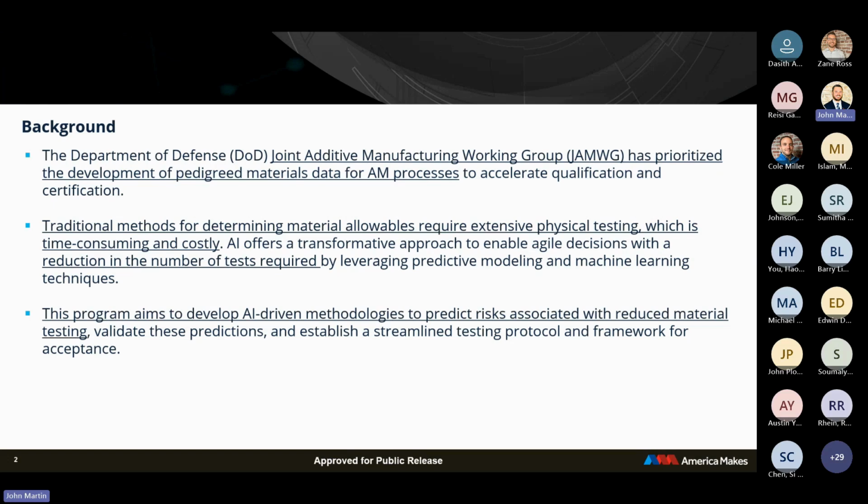And then talking about incorporation of AI to help with the material allowables for this is another element, but this is a specific material that has had a lot of interest within the DoD for some time. As most of you are probably aware, generating a high pedigree, high quality, statistically based material data set similar to MMPDS, which a lot of us refer to as material allowables, can be very time consuming, requires a lot of testing, and can be very costly.